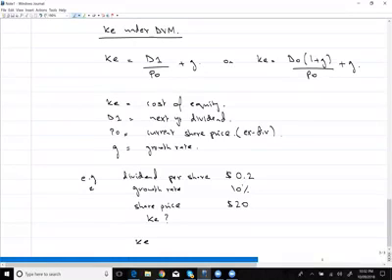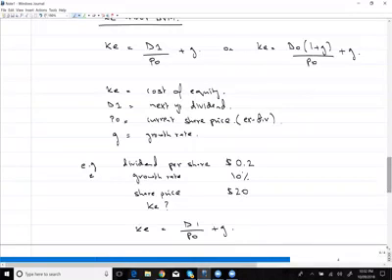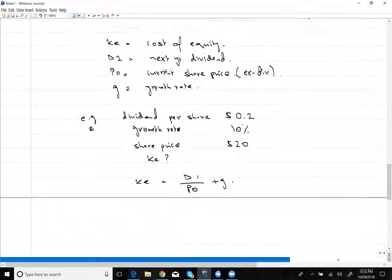KE under DVM is equal to D1 over P naught plus G, right? Now what is D1? Next year expected dividend. P naught is current share price and G is growth rate.